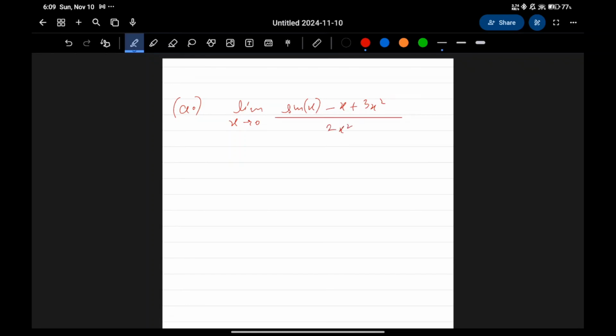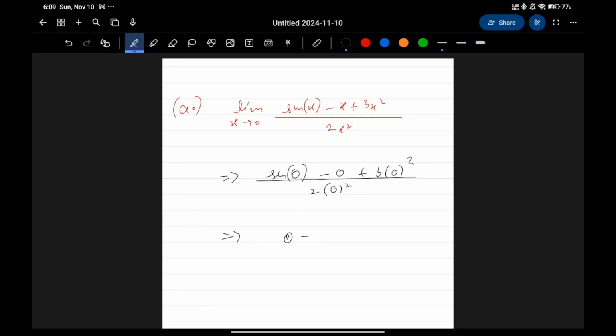Now my first order of business every time in any limit is to plug in the number. So if I plug in 0, I get sine of 0 minus 0 plus 3 times 0 squared over 2 times 0 squared. Sine of 0 is 0, right?